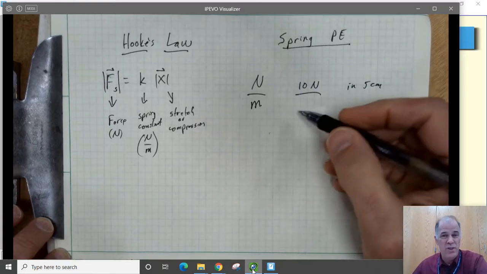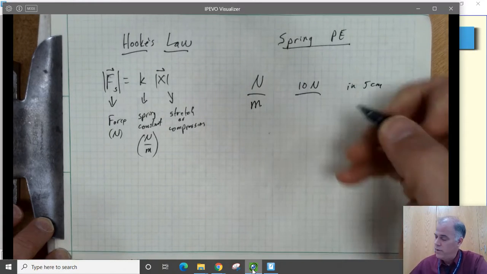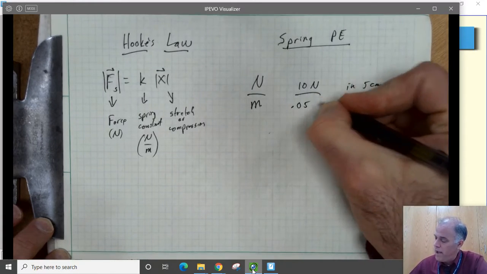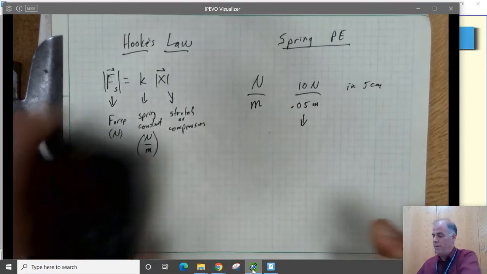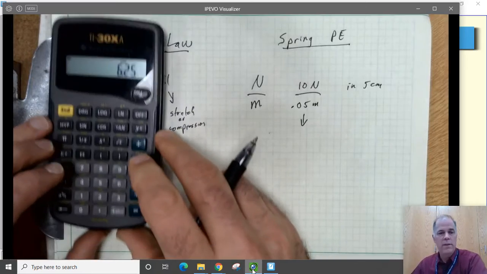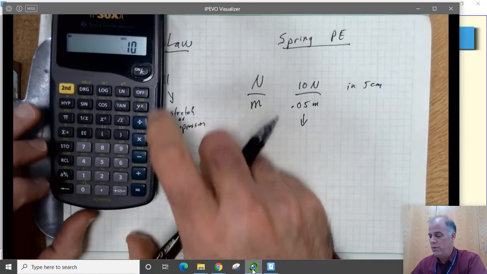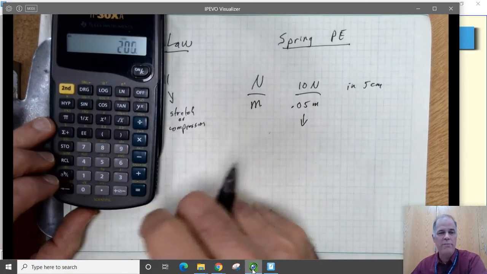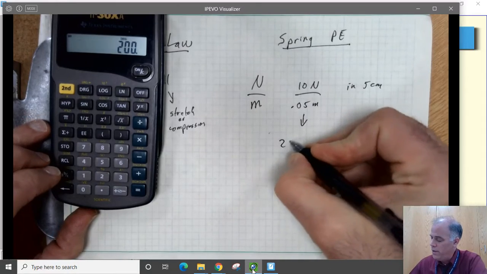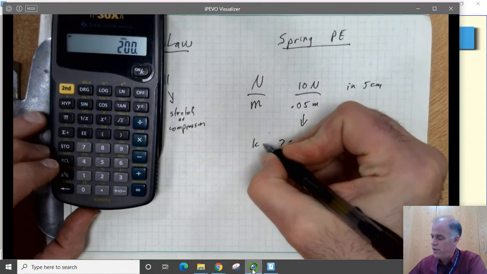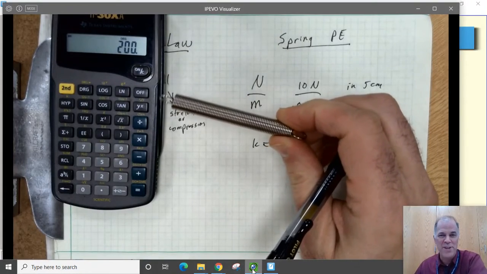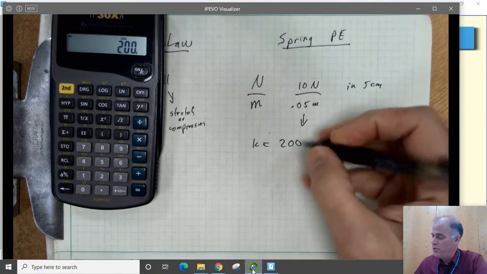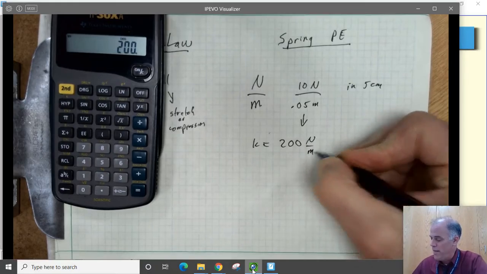And we have to do this in meters. So that is 0.05 meters. So this comes down to be 10 newtons divided by 0.05 meters comes out to be 200. So the spring constant for this particular spring, with our approximations and measurements, is about 200 newtons per meter.